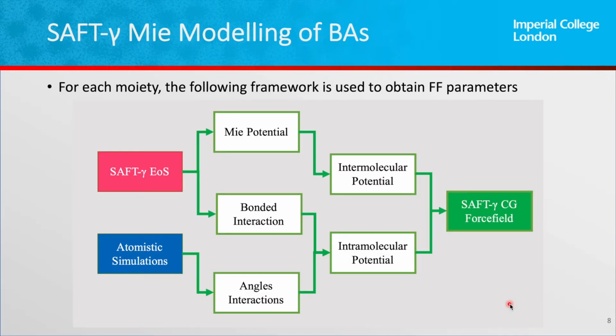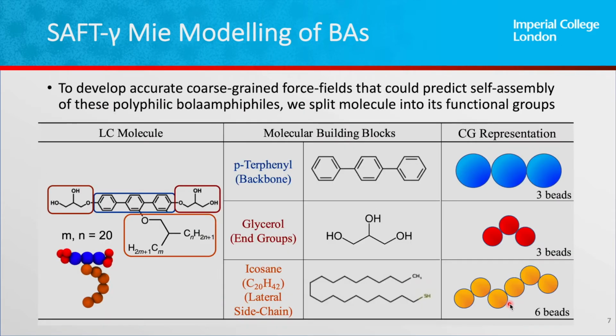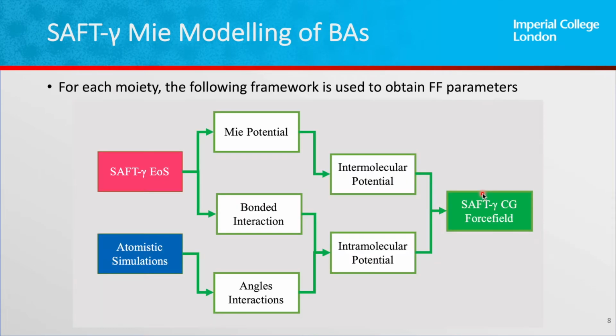The good thing about this is that we could then use an equation of state called the SAFT equation of state, based on the statistical associating fluid theory, to predict the properties and to obtain optimal coarse-grained parameters for these molecules, for these models. This equation of state is very suited for this. And we then only need a tiny bit of atomistic simulations to define the rigidity in these molecules.